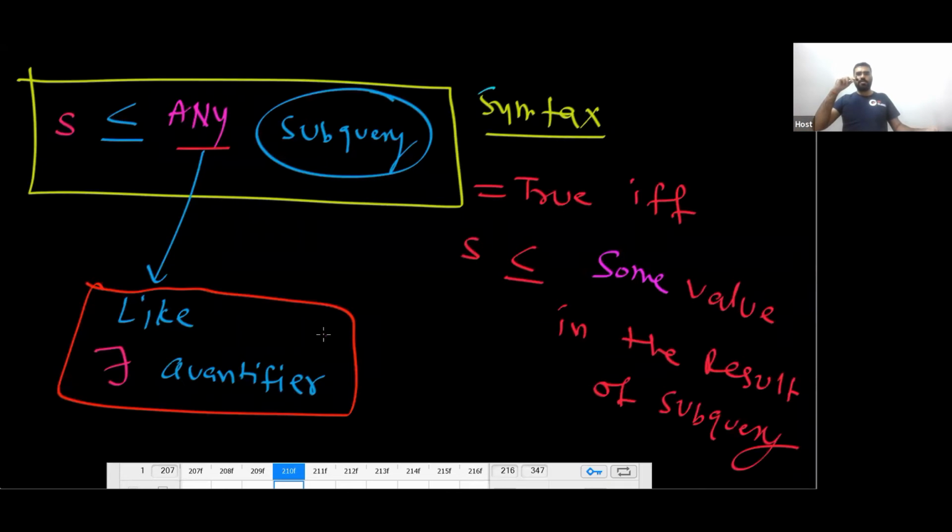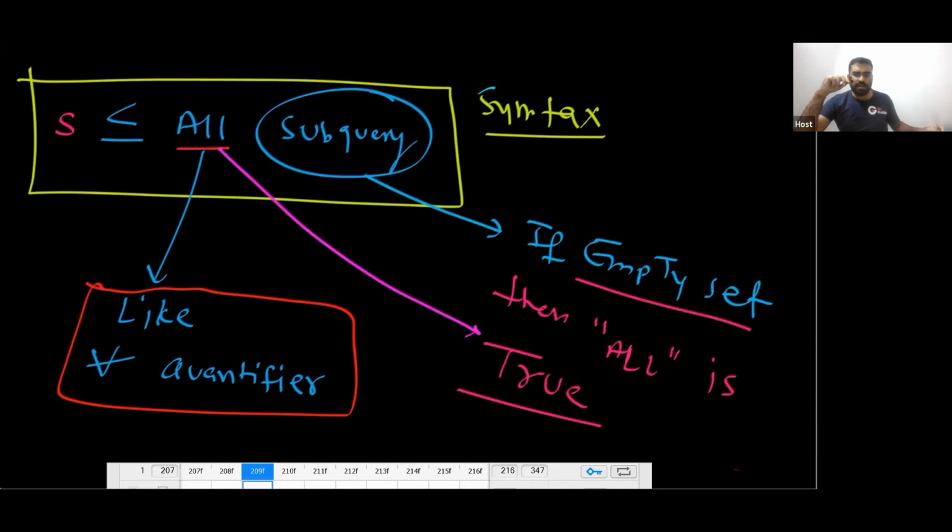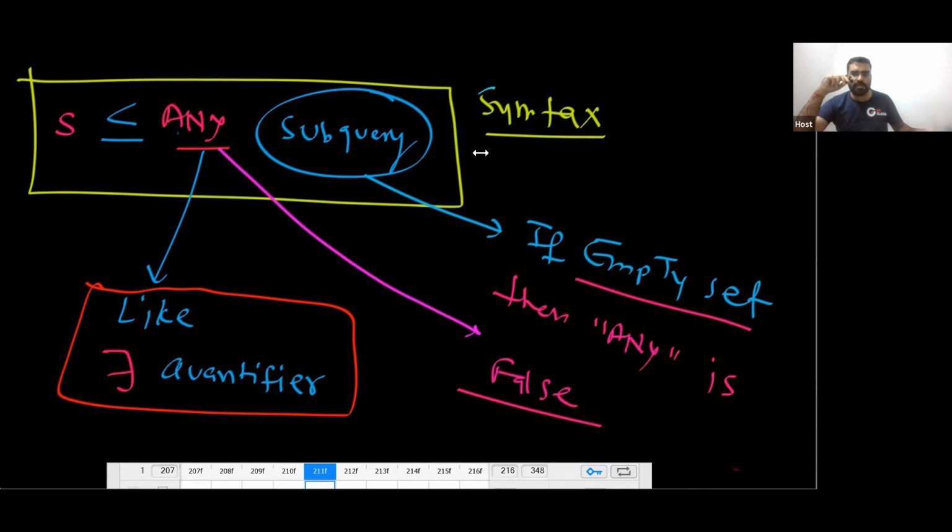Again, the same question: if this is empty, and you have ANY, then what will you say? This ANY, this SOME, will be false. We have already seen in discrete mathematics that the existential quantifier for an empty set is false. So these are the syntax.